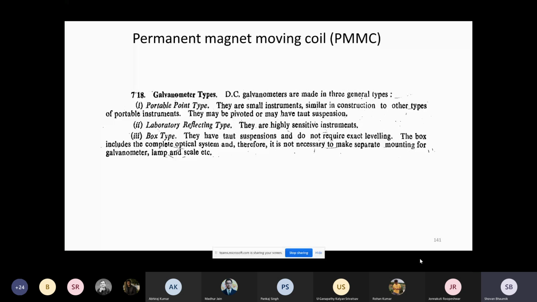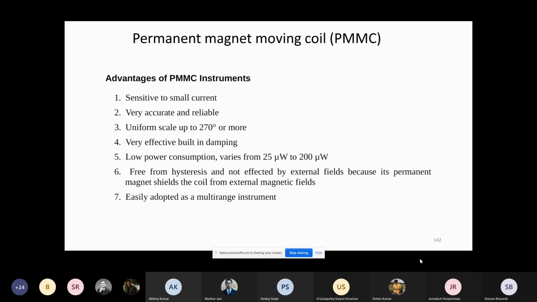There is no need to level it when you install it. Mostly the first two types of instrument we use: the portable type that you use every day, and in the physics lab the reflecting type, the D'Arsonval galvanometer, for very sensitive measurement. That's what I was telling from the beginning. So I put it on the slide so that it will be beneficial for you.